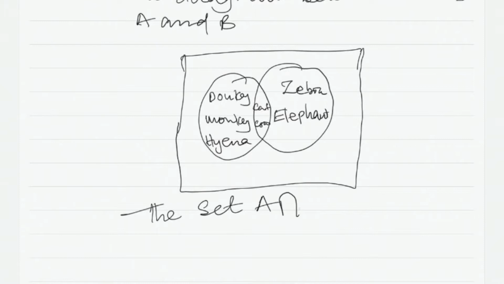Looking at this set, they have asked to say set A intersection B has blank members.